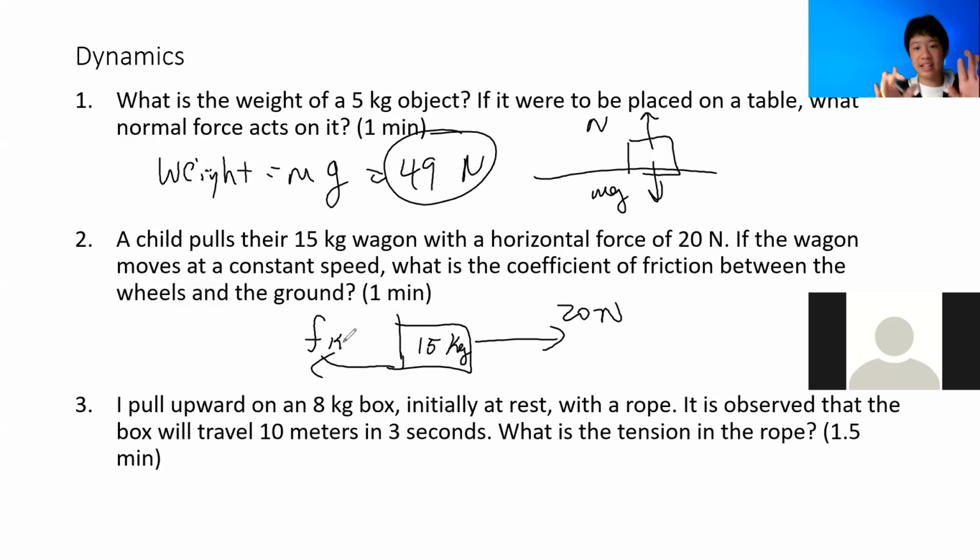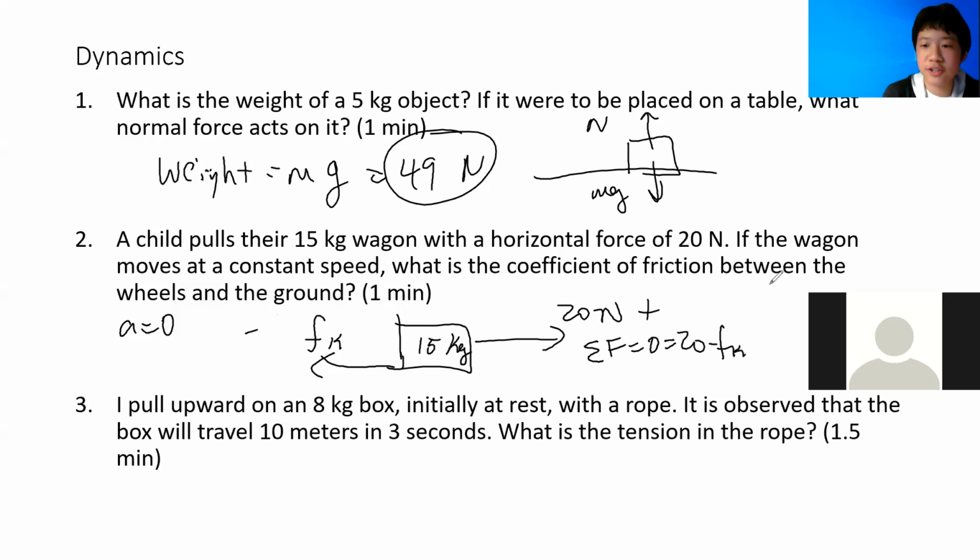So in this case, this wagon is moving at a constant speed, which means zero acceleration. And what does zero acceleration mean? Zero net force, right? Because if acceleration is zero, then there's no net force acting on this object. If we take a positive and a negative, we have our net force of 0 equal to 20 minus our friction.